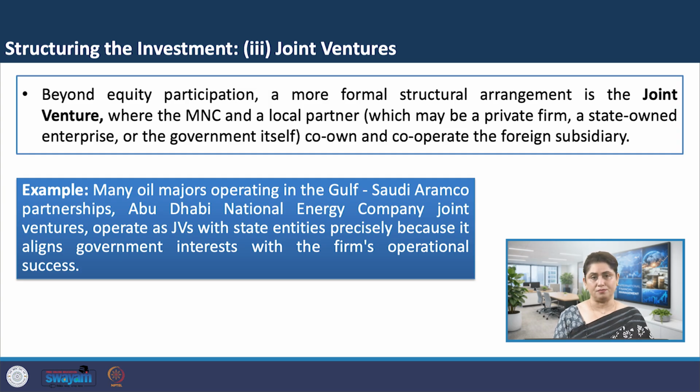Aramco partnerships, Abu Dhabi National Energy Company arrangements, Qatar Petroleum joint ventures. These are not accidents of history. They reflect a deliberate recognition by both sides that a structure in which the government is a co-owner is far more stable and durable than one in which a purely foreign company extracts a country's natural resources.